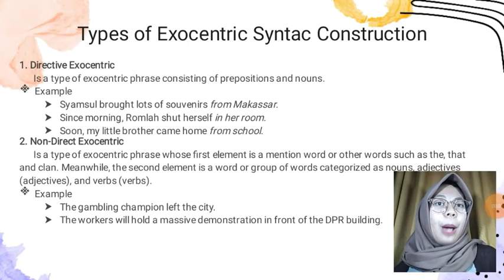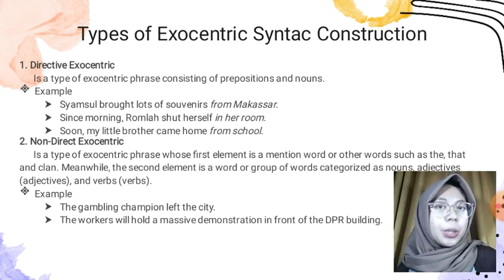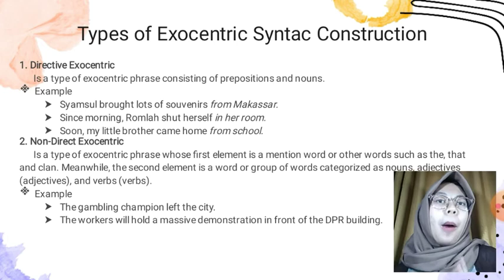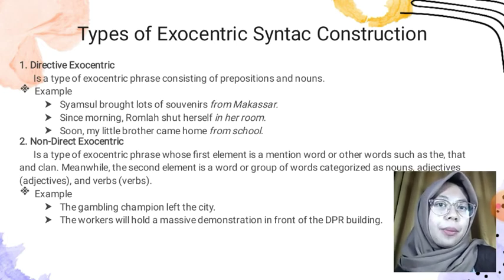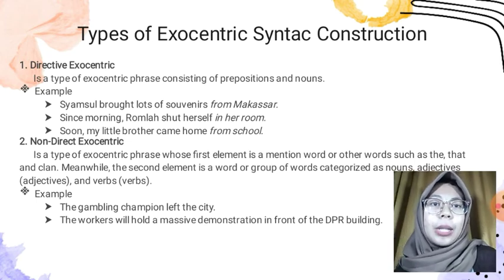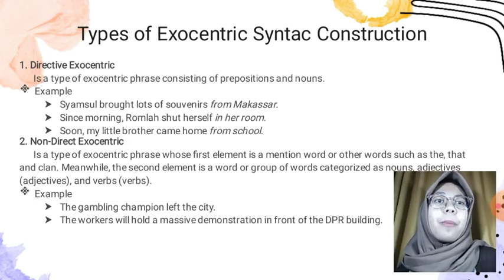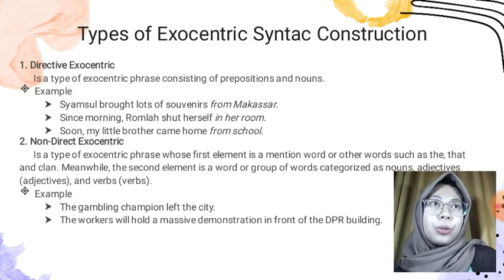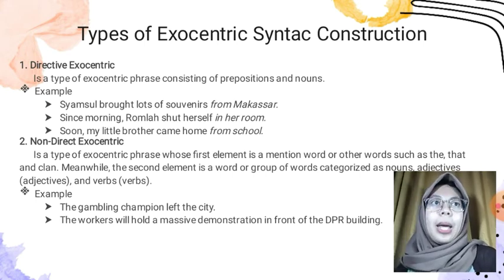Okay, now we are going to the types of exocentric syntax construction. The first one is directive exocentric. What is directive exocentric? Directive exocentric is a type of exocentric pair consisting of a preposition and a noun. The first component of the directive exocentric pair is a preposition such as in, to, and from.